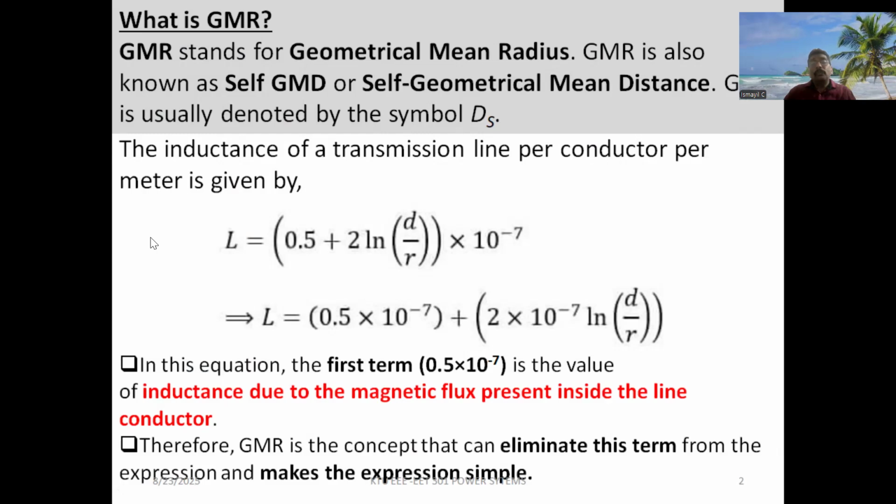This formula has two parts, one constant part and another variable part. Actually, the first part of this equation, that is 0.5 into 10 raised to minus 7, represents the inductance of the transmission line due to the internal flux contribution by the conductor.